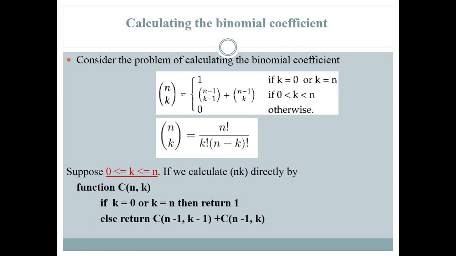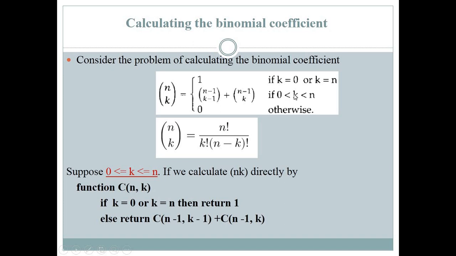If we have values n and k, then if k is equal to 0 or k is equal to n, understand here, if our k's value is 0 or our k's value is equal to the n's value, then our answer will be 1.